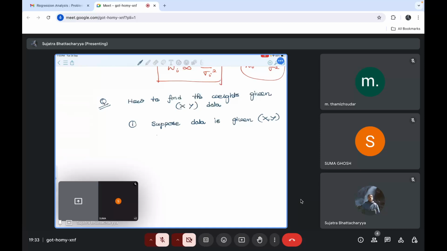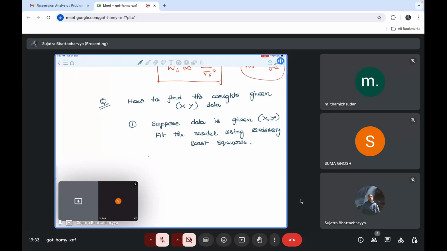Okay. So what you have to do is fit the model using ordinary least square.